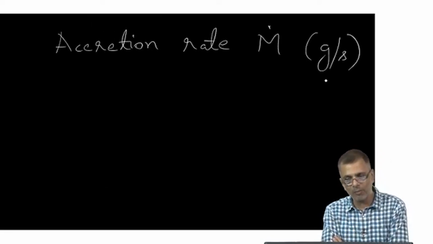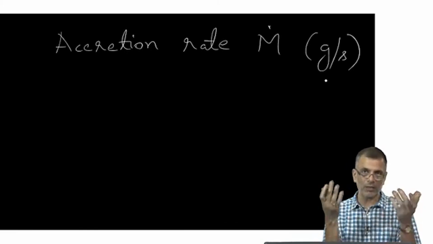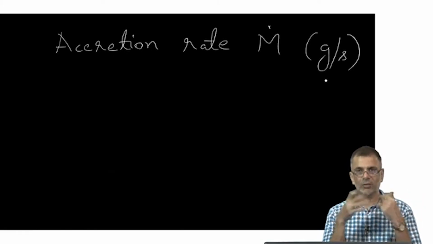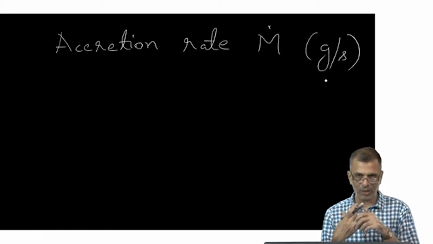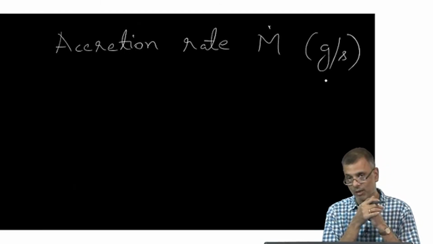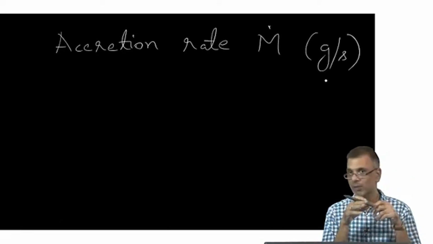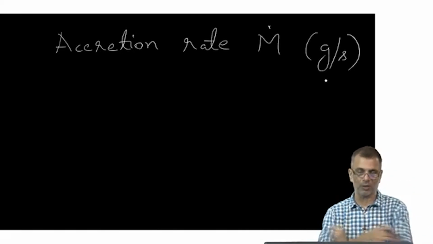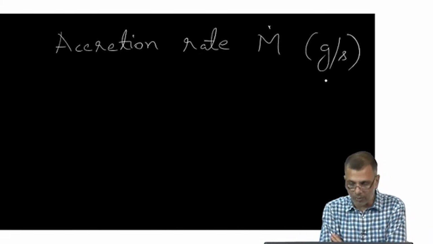Well, it's a means of converting gravitational potential energy into observable photons. It's a very efficient means of extracting gravitational potential energy, converted via heating into observable luminosity. And photons are what we observe in astronomy, which is why it's important to think about accretion problems.